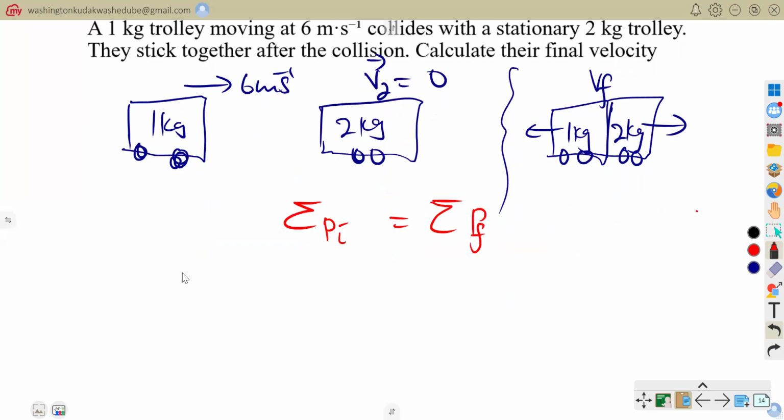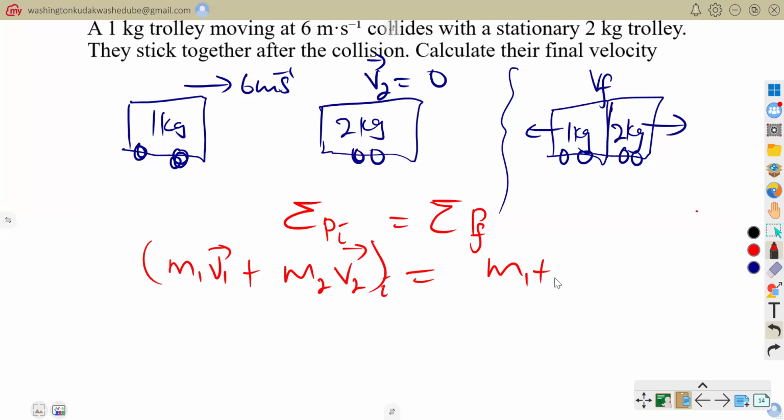So what is my total linear momentum before? That is the mass of the 1 kg block times its velocity, plus the mass of the 2 kg block times its velocity. That should be equal to the mass of object 1 plus the mass of object 2 times the final velocity. So what is the mass of my 1 kg block?